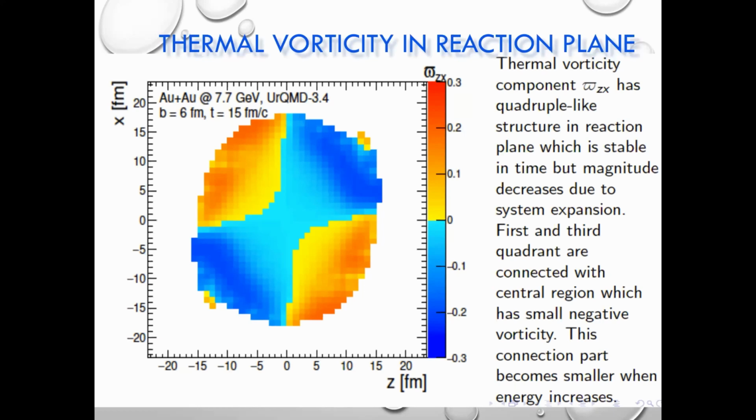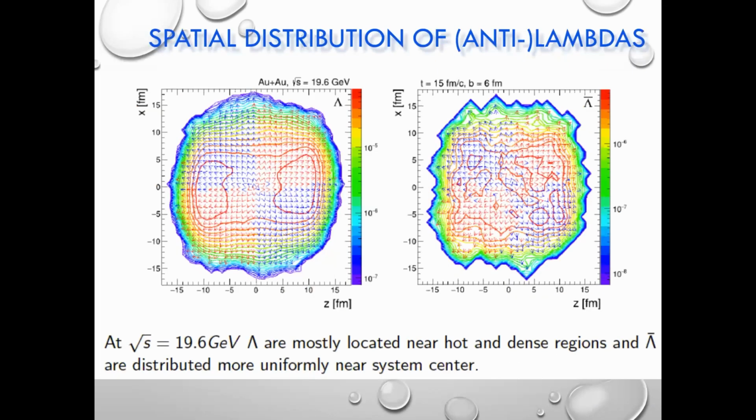Here we still see the blue areas in the third and fourth quadrants with a negative vorticity, so it means that here the polarization is positive, with a slight bottleneck between them. This bottleneck appears when we come down with bombarding energy, and this connection part becomes smaller when energy increases. Next slide.